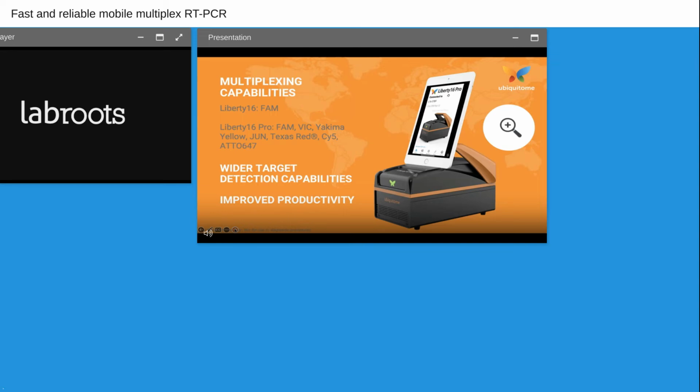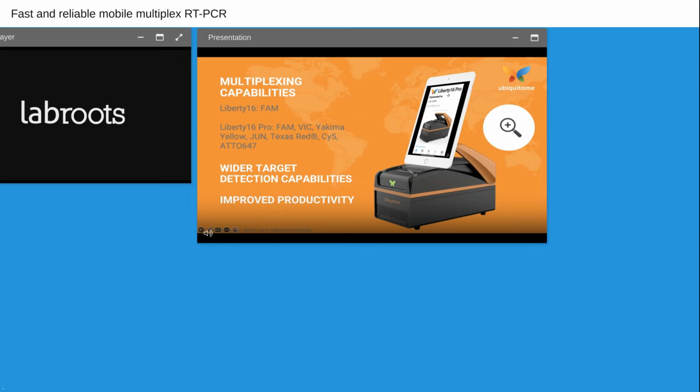So the currently available Liberty 16 device was a single channel only device, looking at the fluorescence dye FAM. But now with the Liberty 16 Pro, we're able to look at a wider spectrum of fluorescent dyes. These include FAM, VIC, Yakima Yellow, JUN, Texas Red, Cy5, and also ATTO 647.